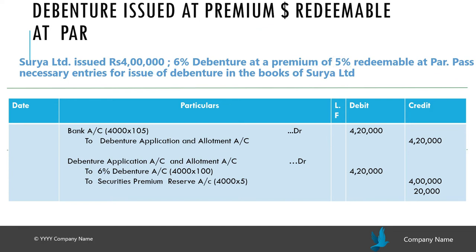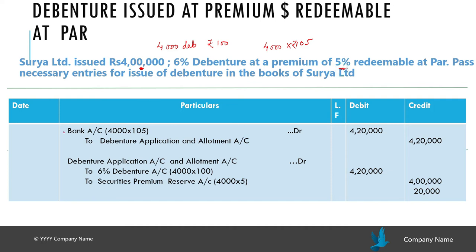Now here we notice that Surya Limited is going to issue debentures of 4 lakh, that means 4,000 debentures at rupees 100 each, at a premium of 5%, that means it will be issued at 105.